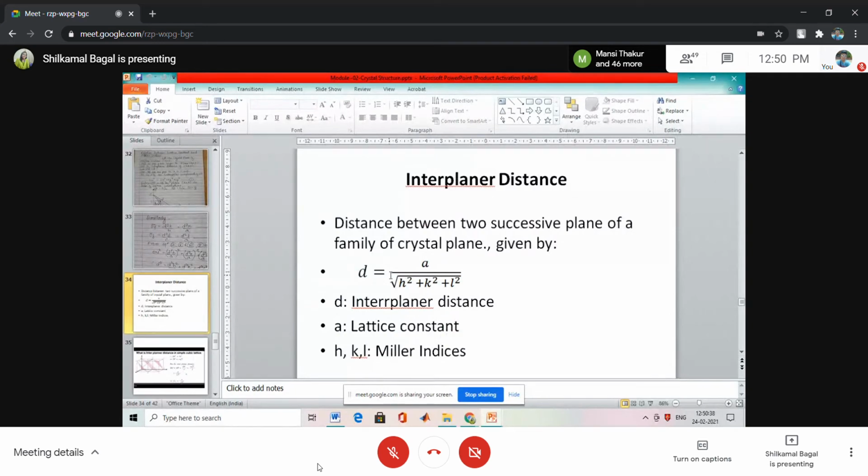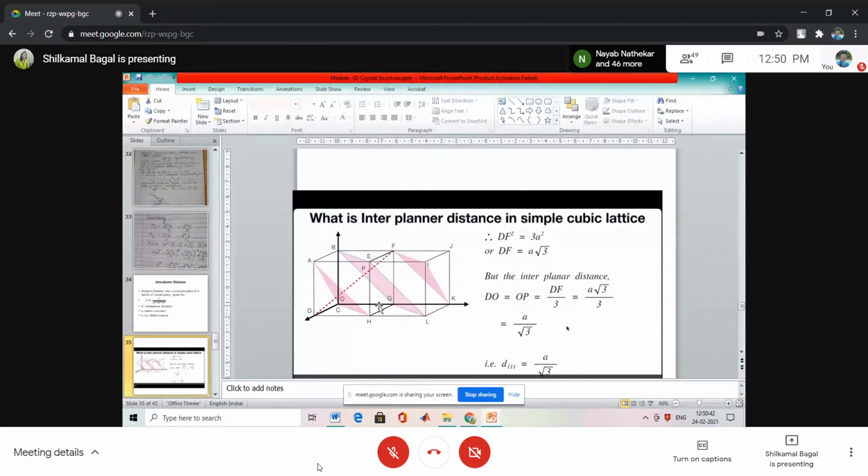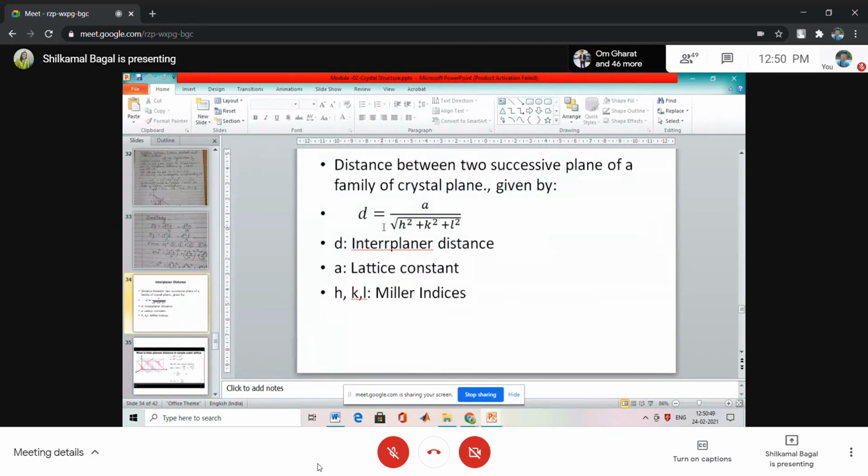We have studied the three principal planes, that is 100, 111 and 110. In case of SCC, for 100, d is a upon 1, that is the a only, where h is 1, k is 0 and l is 0.